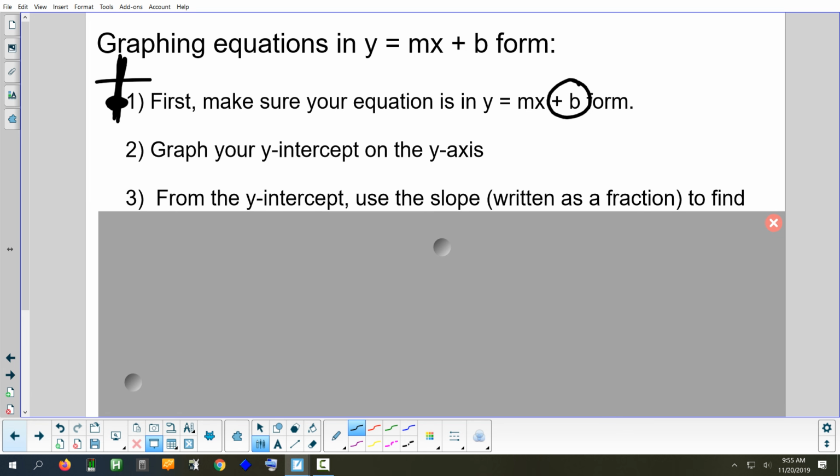The slope is usually going to be written as a fraction. If it's not, how can you always make a number a fraction? You can always put a 1 under it. So we're going to make the slope a fraction. Does anybody remember, what are the 2 words that we use for slope? They both begin with R. Rise over run.